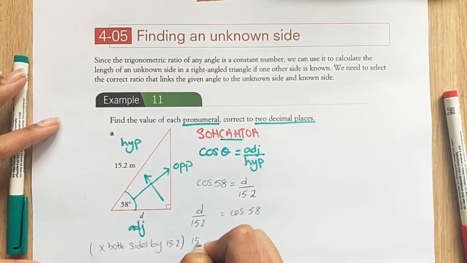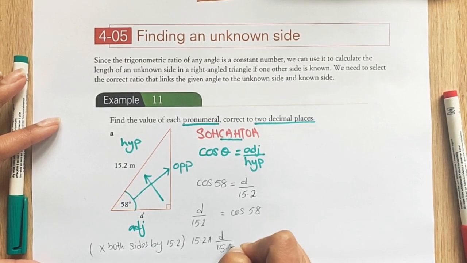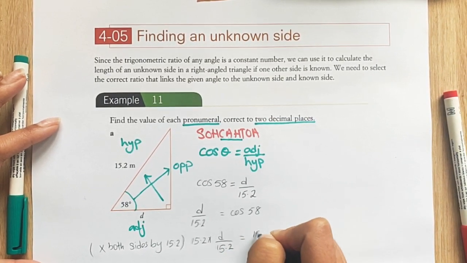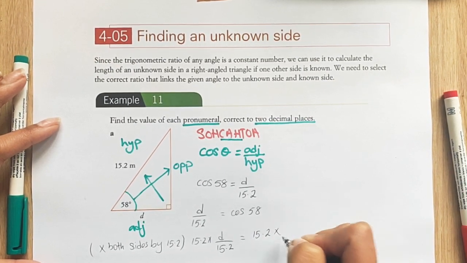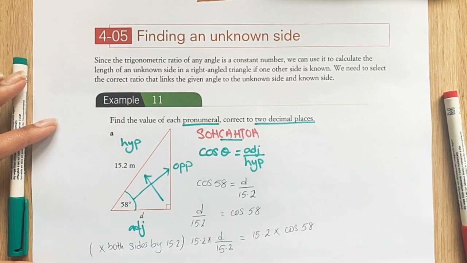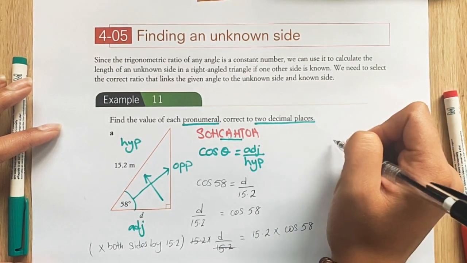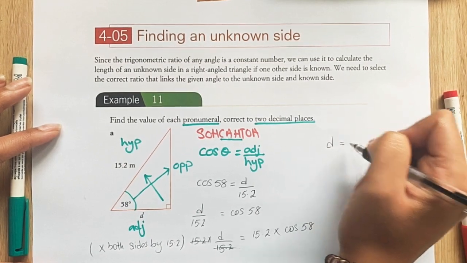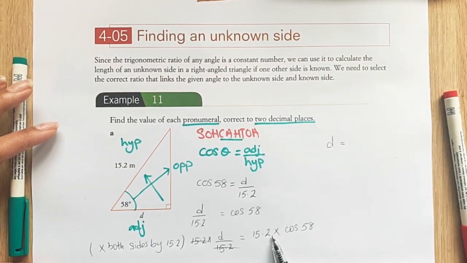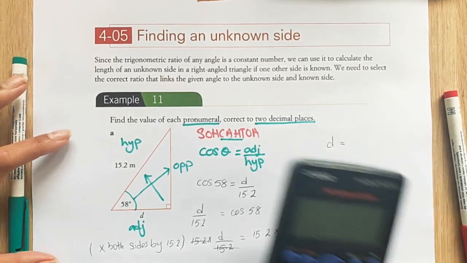So 15.2 multiplied by D divided by 15.2 equals 15.2 multiplied by cos 58. Here, the 15.2s cancel each other out, and we will be left with D equals 15.2 times cos 58. So I will enter this on my calculator.